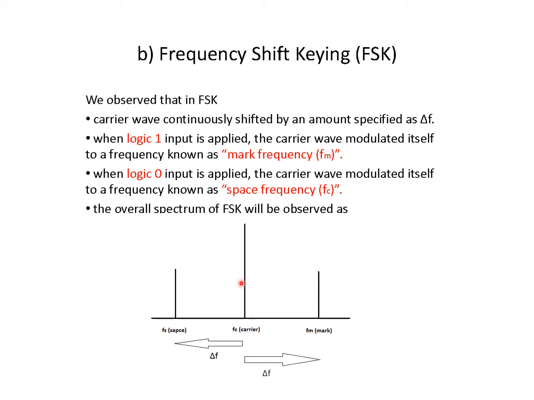Here this is the original carrier frequency, and this is the shift in frequency, delta f. When logic 1 is applied, the carrier frequency will increase to f1 or mark frequency, and when logic 0 is coming, it will decrease to fs or space frequency, Fc minus delta f. So the overall spectrum will look like this.